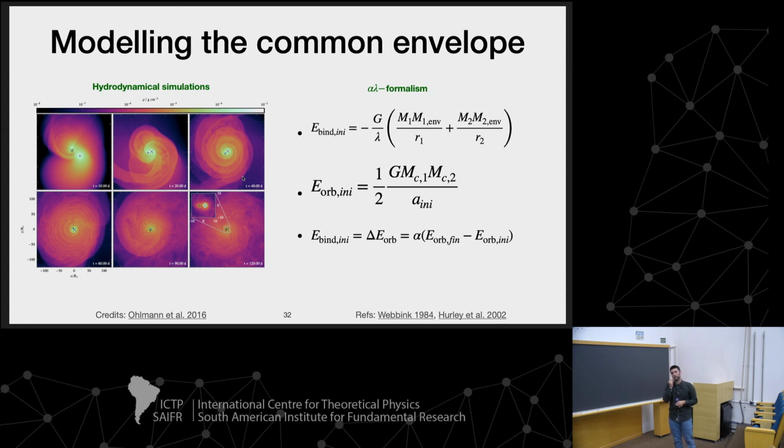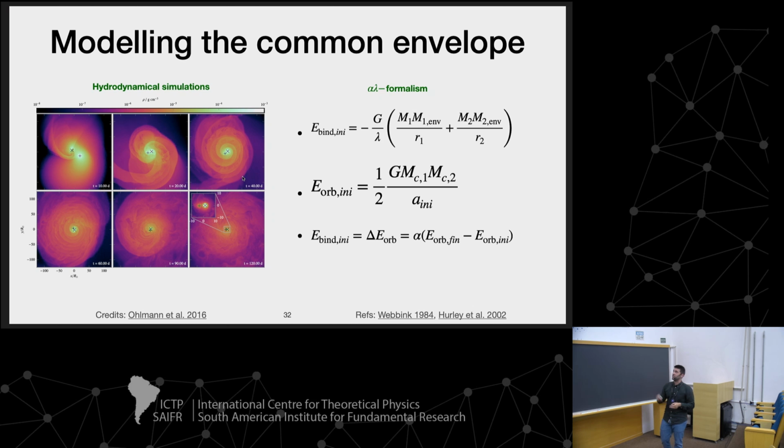Otherwise, you have to introduce these parameters to describe it. So basically, when you equate the binding energy with the loss of orbital energy, you are asking yourself how much energy I need to take from the binary system to eject the envelope.